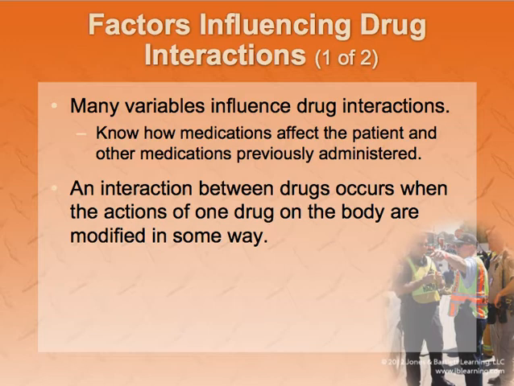So it's like a synergistic effect, and it makes it more potent. You want to make sure you know if the patient is taking some medications that could potentially enhance the effects of the medication that's being given, because it may cause an adverse outcome for that patient.